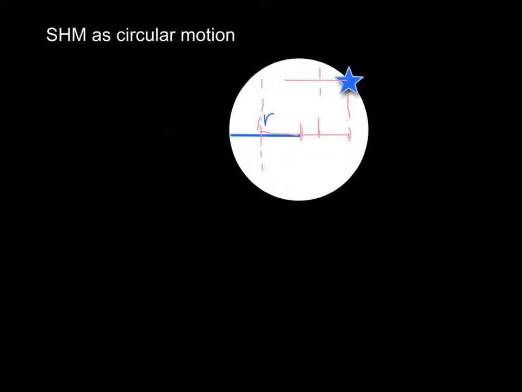In circular motion, what we were interested in was not so much the distance that something went around, but the angle that something went around. Because what we care about is that this is a circle, right? So this is 0, and then this will be a certain angle, this will be pi halves, this will be pi, and so on. So this thing does a certain angle every second. And we call this thing the angular velocity.